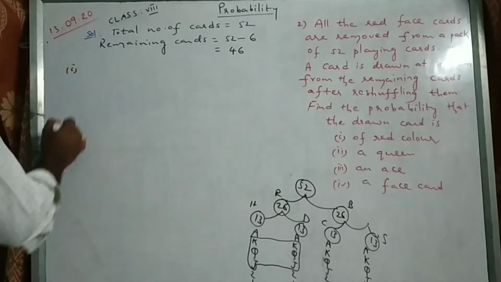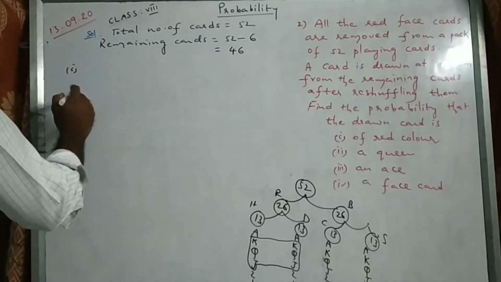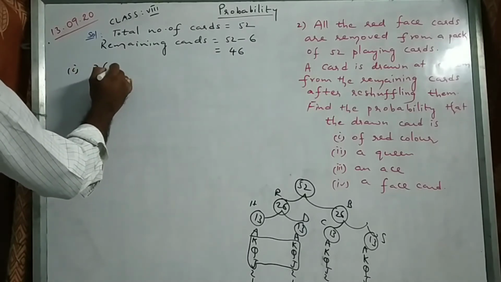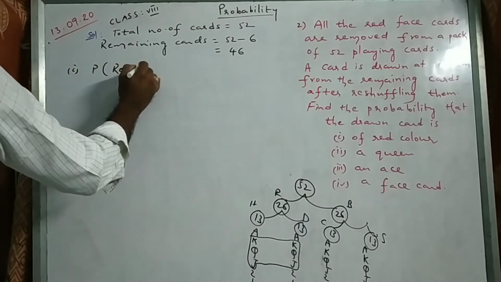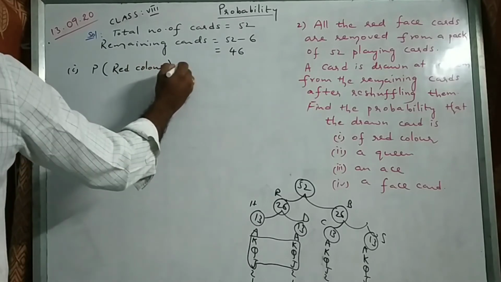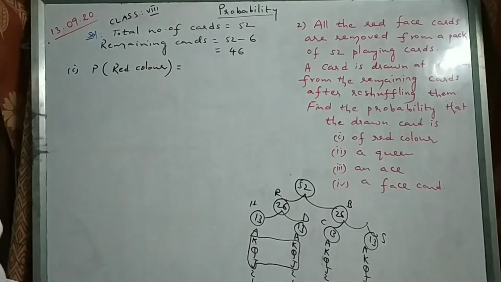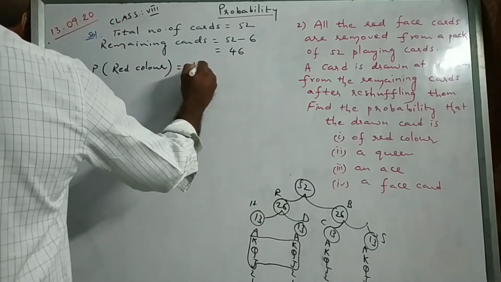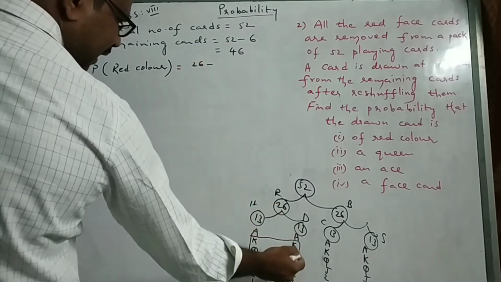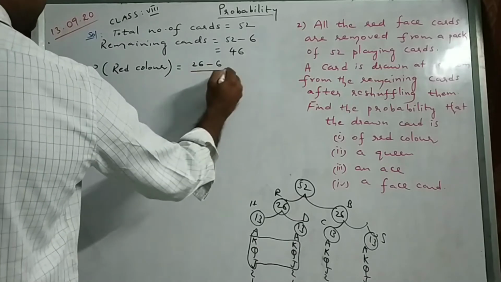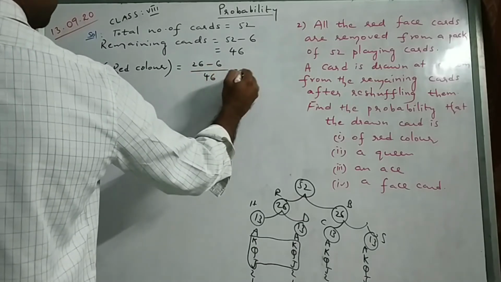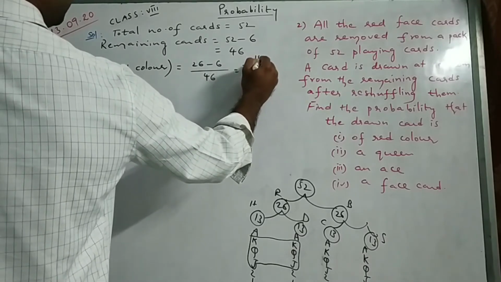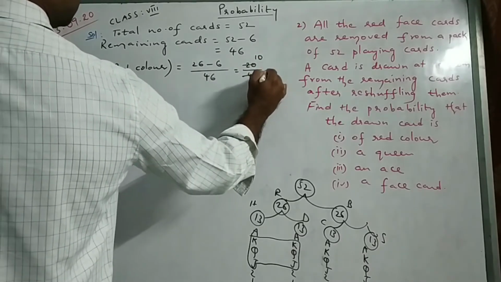What is first question here? Probability of getting a red color card. Now how many red color cards are there? Total red color cards 26, minus already 6 are removed, by 46, means 20 by 46. 2 tens, 2 23s.